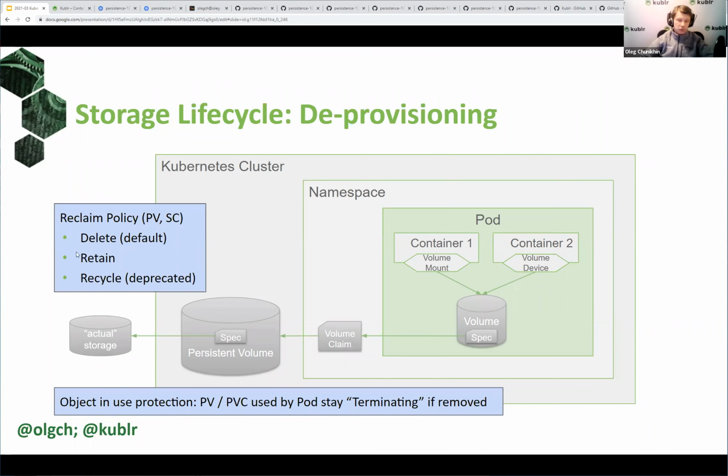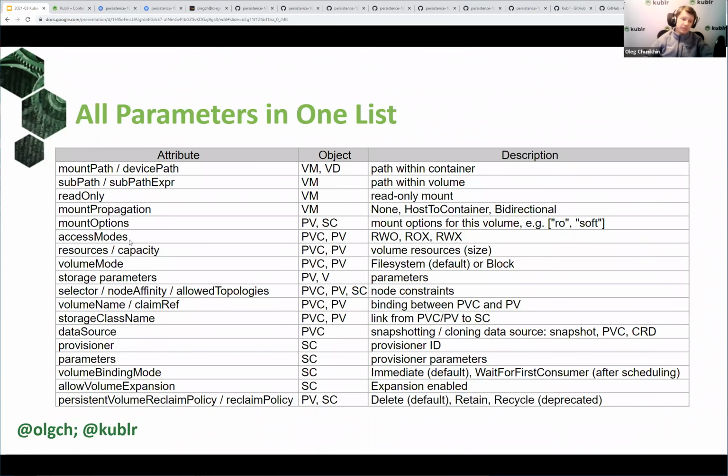But you can also use retain policy, which means that when you delete the persistent volume, the actual storage stays. And there are a number of other parameters that you may want to look through when you start working with persistence on Kubernetes and look it up in the documentation.